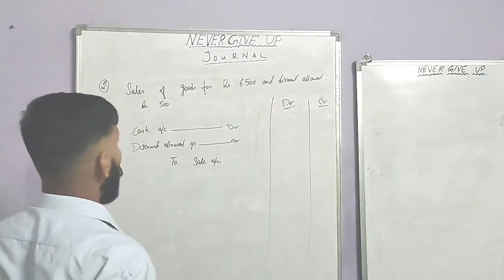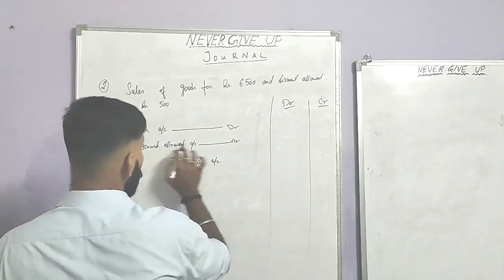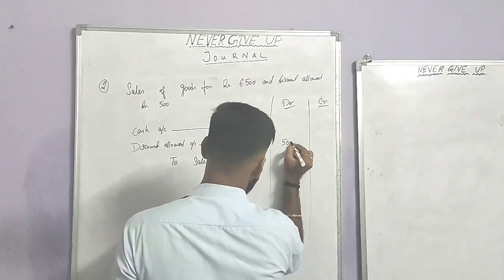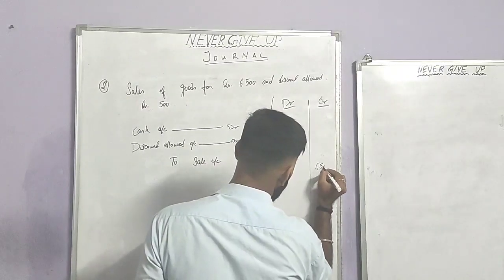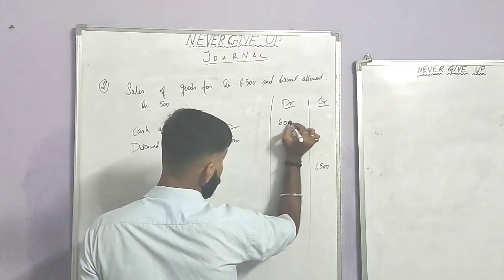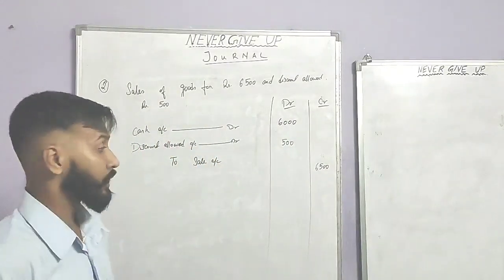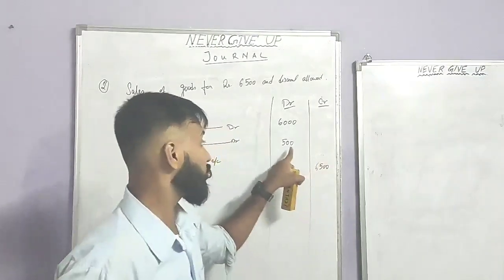Now let us record the amount. Cash account debit, discount allowed 500, to sale account 6,500. So the business will receive cash of 6,000. The total price of the goods is 6,500. We give discount 500.